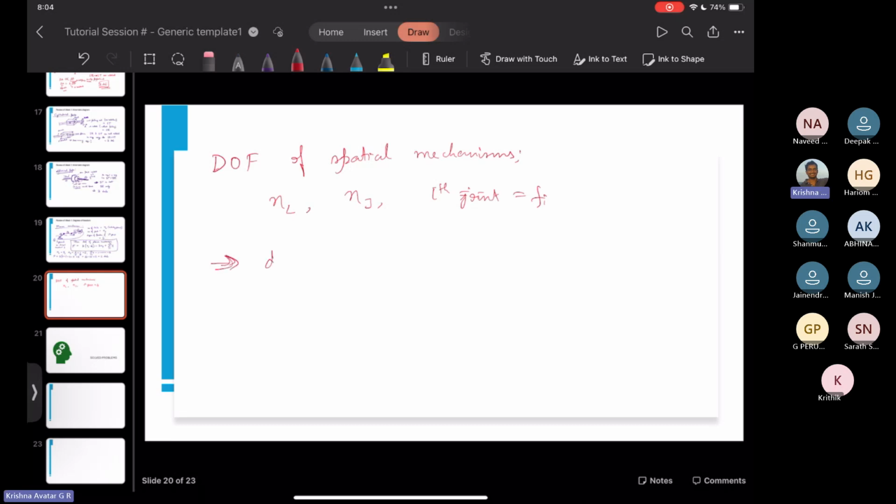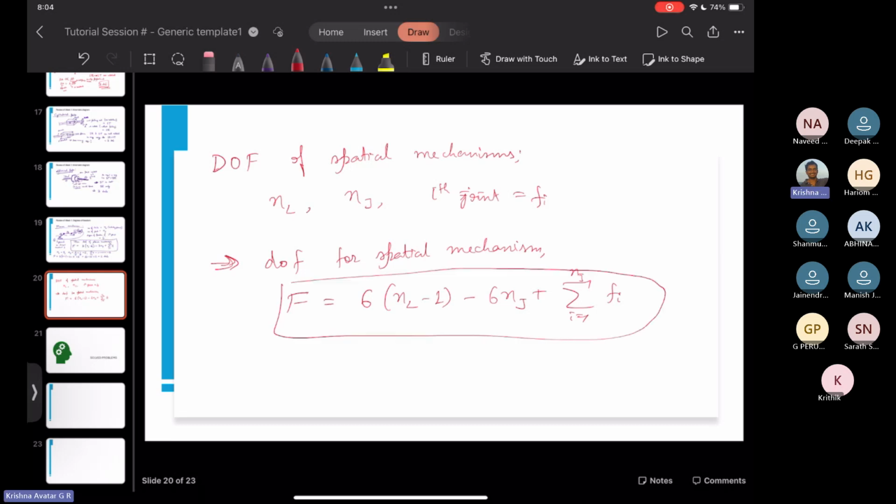So the degrees of freedom for a spatial mechanism is F equals 6 into (NL minus 1) minus 6 into Nj, the loss because of joints, plus the summation of Fi from i equals 1 to Nj. And using similar arguments, we can determine the degrees of freedom for such problems as well.